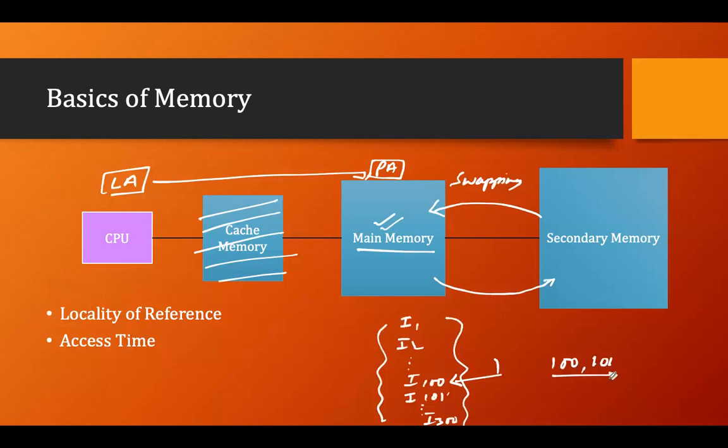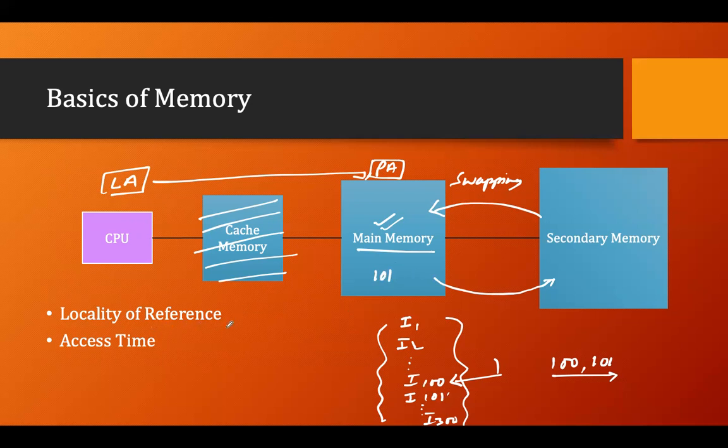That particular concept is called locality of reference. We know that if some instruction is executing, definitely the CPU will require the next instruction. So instruction 101 should be there in the main memory, and nearby instructions should also be there in the main memory.